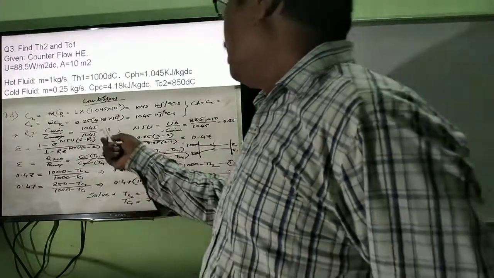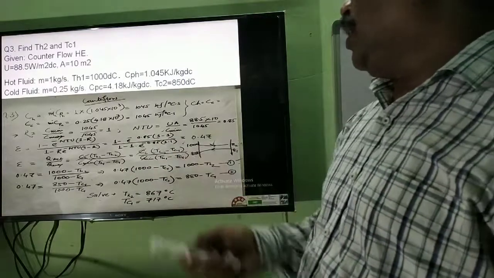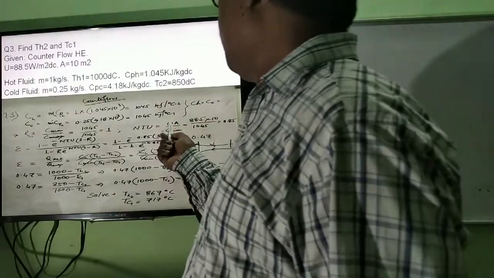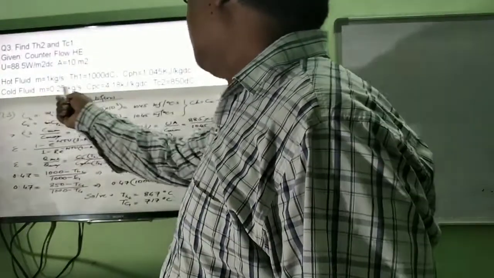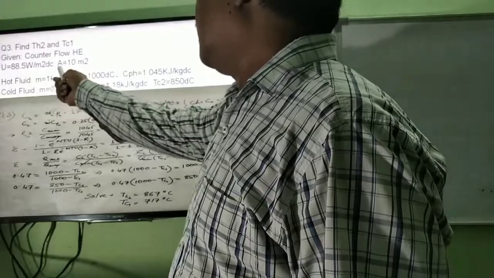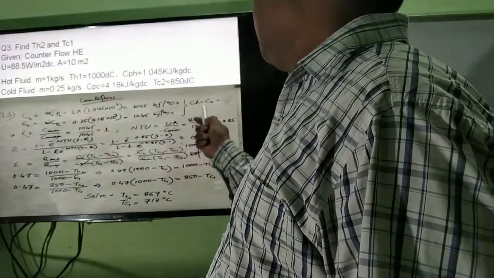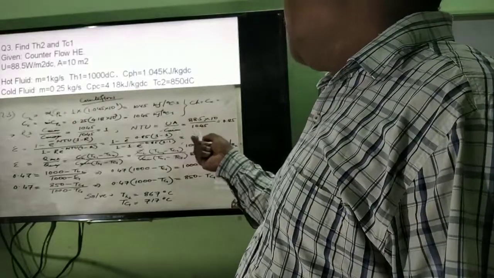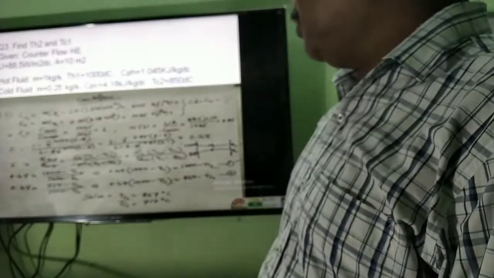Both are the same. Then from this you can find out NTU, that is UA by Cmin. UA means overall heat transfer coefficient times area. These two values are given, divided by Cmin. From here you got Cmin. Okay, put either one of these and you can find 0.85. So NTU you find out and R you could find out.